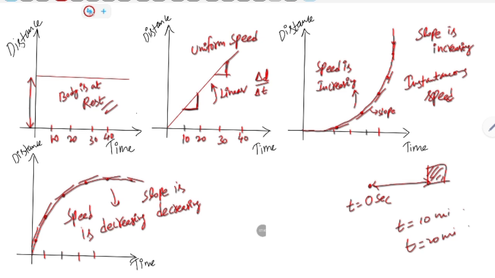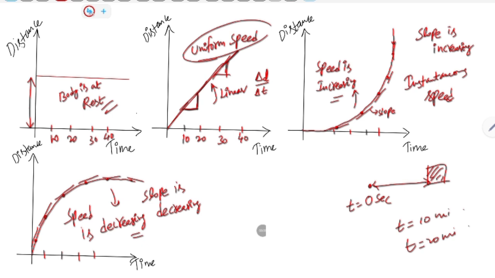Similarly, if the graph of distance time is a straight line passing through the origin, then we can say that the body is in uniform motion. And if it is a parabola, we can conclude it as a non-uniform motion. And if the parabola is turning upwards, it indicates that the speed is increasing. And if the parabola is turning downwards, it indicates the speed is decreasing.